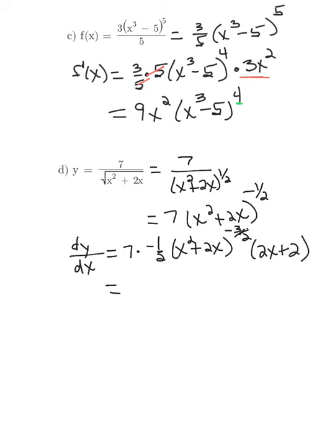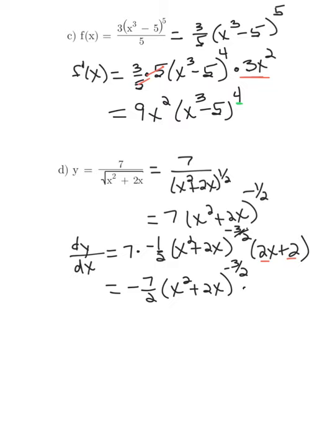To clean this up just a little bit, we're going to take the 7 times the -1/2 and get -7/2 times x squared plus 2x to the -3/2. Now notice on this last item that there's a 2 in each term.